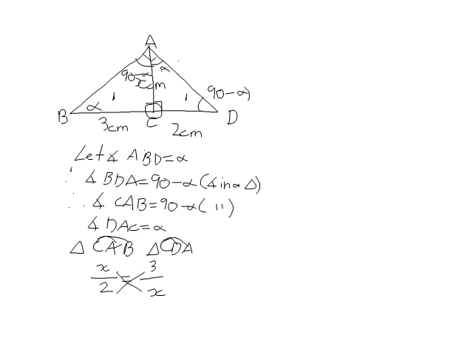So that's just come up here. So now we have X squared equals 6. 3 times 2 is 6. So X equals plus or minus the square root of 6.